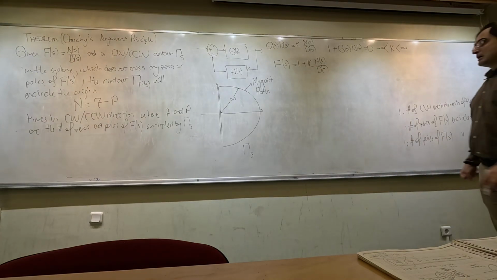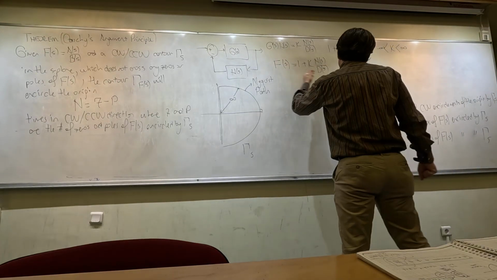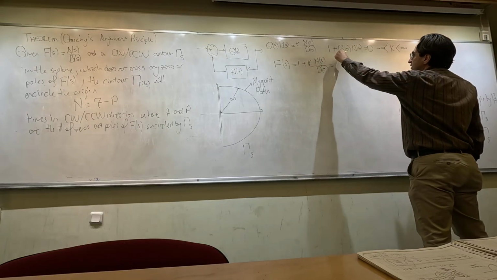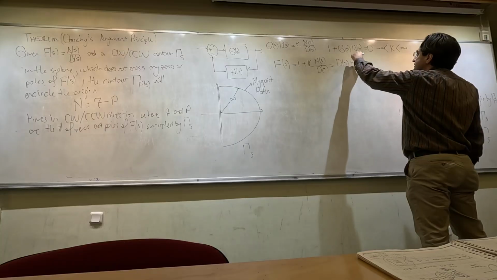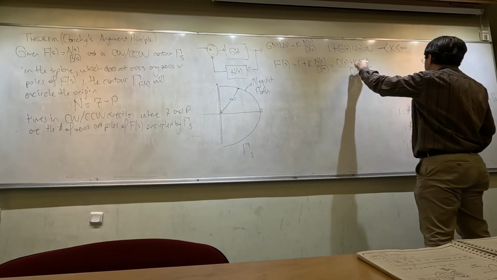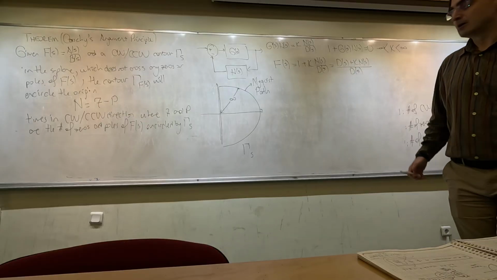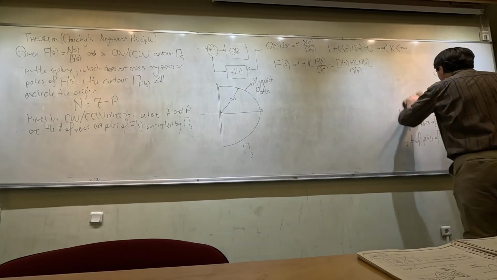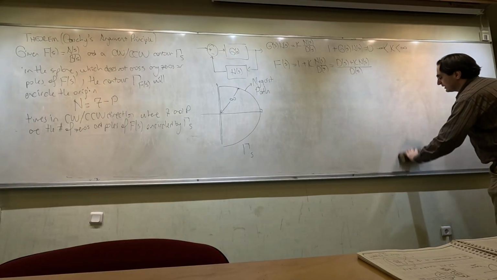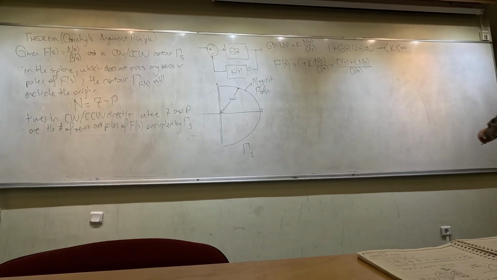And here, what is going to be important is the following. When I look at this transformation, it is D of s plus K N of s, divided by D of s.